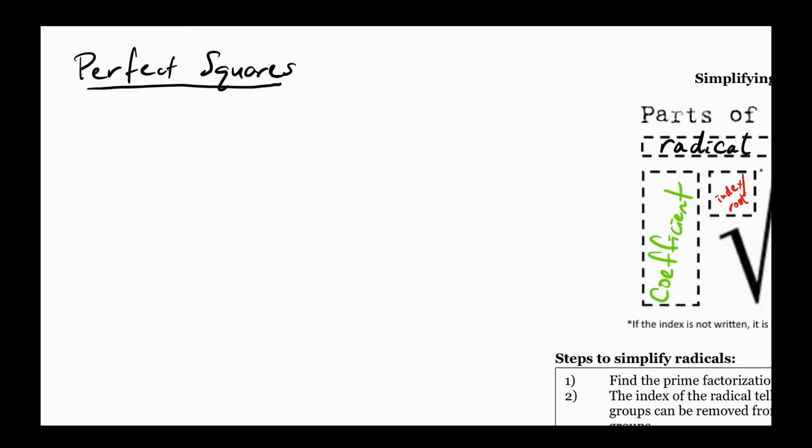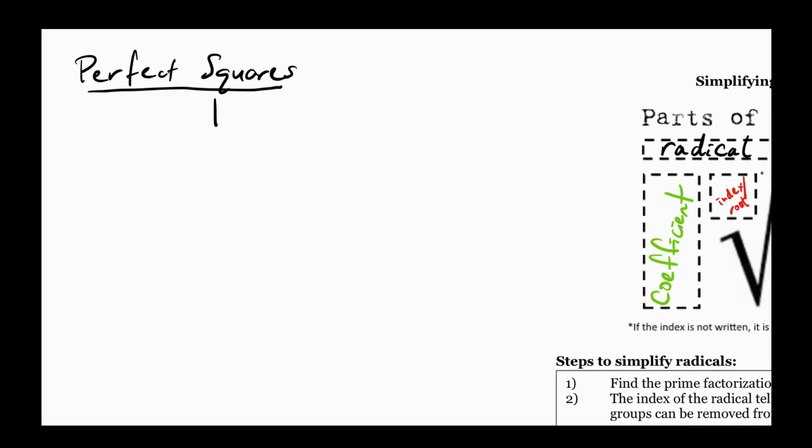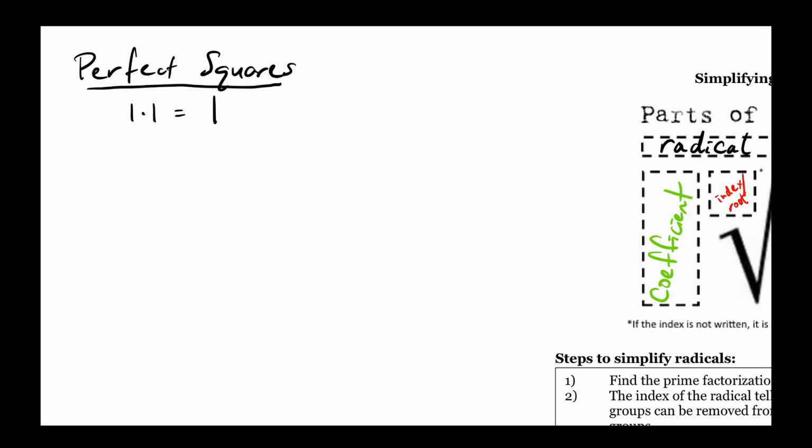So what was the first number on that list? It was a 1. Why was 1 the first number on that list? There you go, because 1 times itself made that 1. And what was the next number on the list? Why was 4 the next number? 2 times 2 equals 4. Good. The next number, 9, because 3 times 3 makes 9.